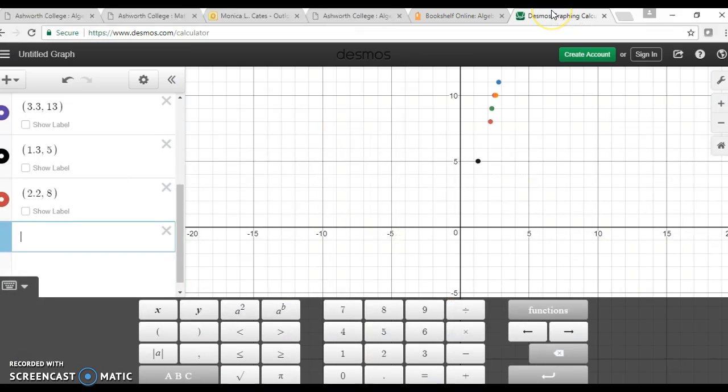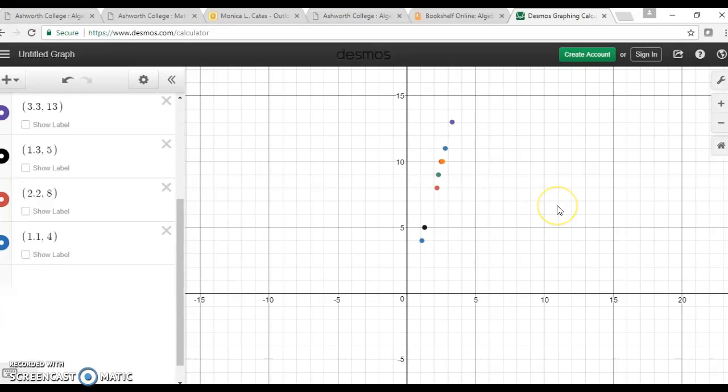And 1.1 and 4. Okay, there are all my points right there.